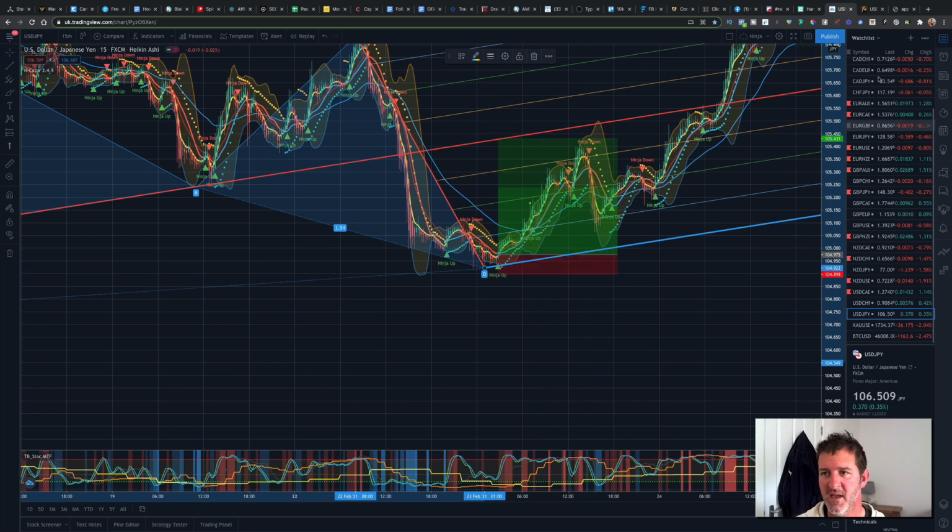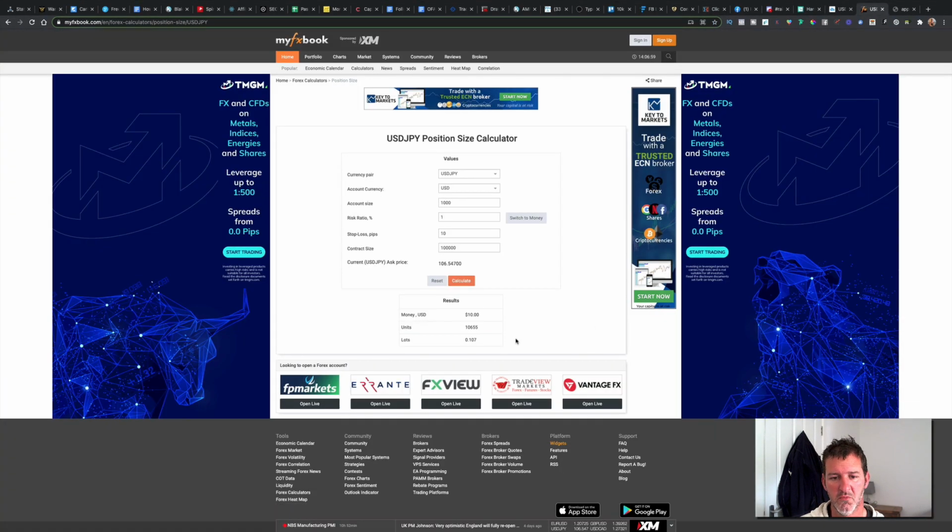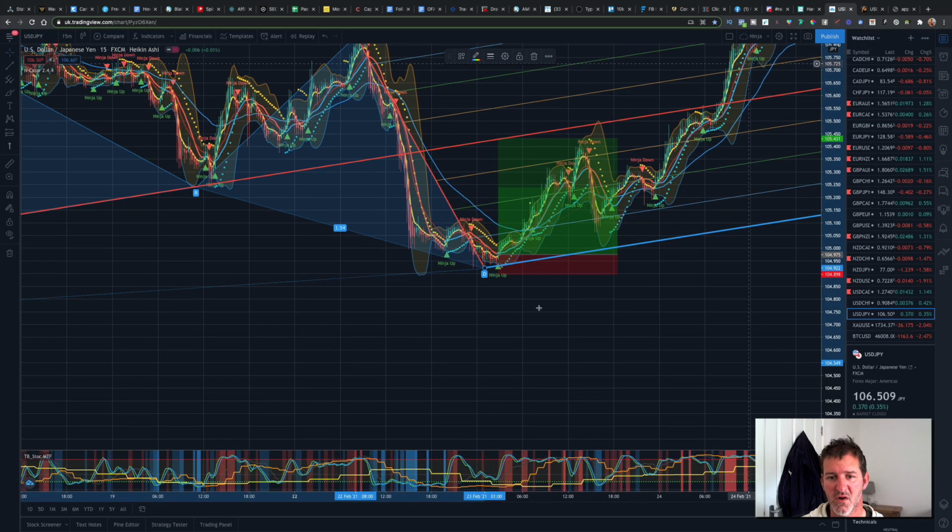So now, if I am risking my £10, I have a risk reward ratio of 5.82. And as you can see, how long did it take to get there? Started at 2:45 in the morning, and when did it hit?